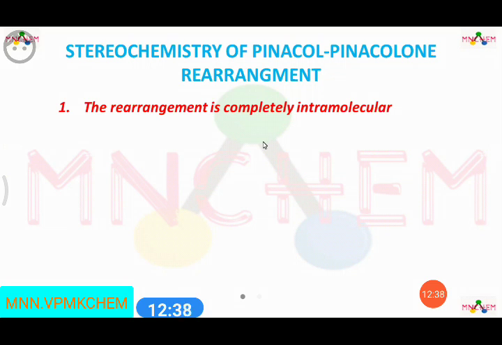The nature of the rearrangement reaction, whether intramolecular or intermolecular, can be decided by product analysis. To understand this, we need to study the mechanism.